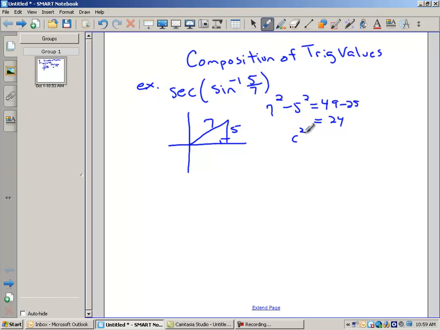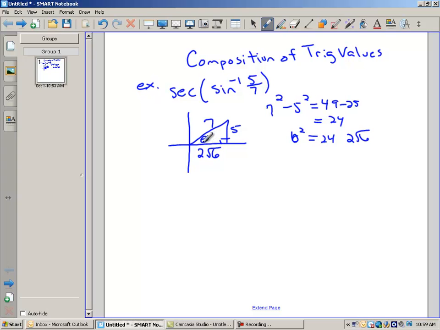So b squared is equal to 24. So we're going to get the square root of 24 for b, which is 2 radical 6, because 24 is 4 times 6. All right, so we're going to get 2 square roots of 6 for our adjacent side. So we just have to find the secant of this angle.